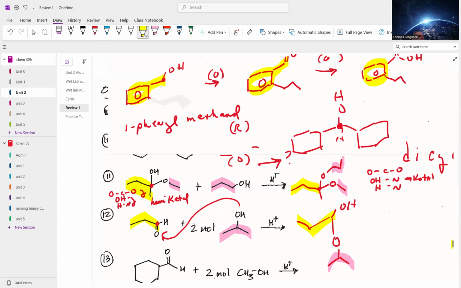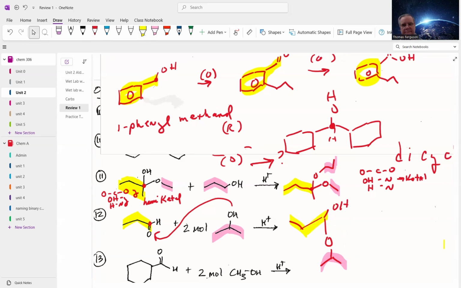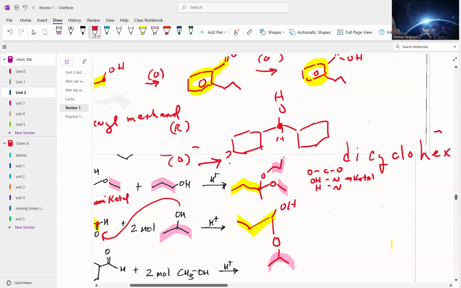Okay, so that's going to be the hemiacetal version. Now we're going to add another 3-carbon alcohol. Okay, so this is an aldehyde. That's the anomeric carbon. We're going to have OCO. We're going to have hydroxyl, yes. And because it's starting with an aldehyde, we're doing hydrogen. So that means this is a hemiacetal.